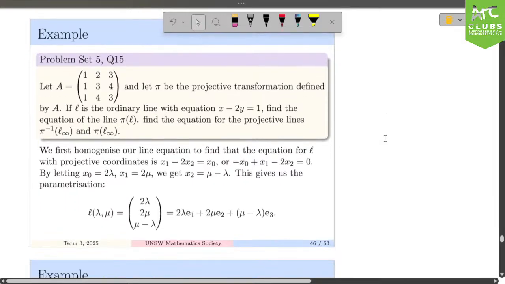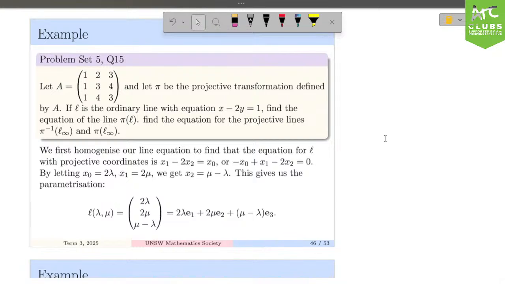So, now we are dealing with a projective transformation. We have a transformation defined by the matrix A equal to 1, 1, 1, 2, 3, 4, 3, 4, 3.